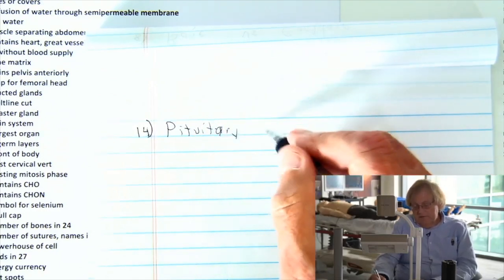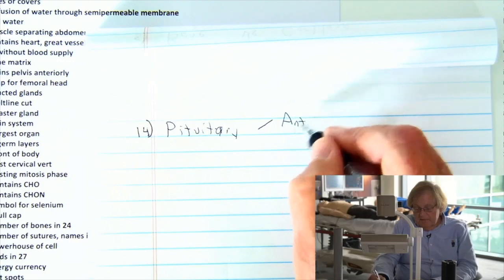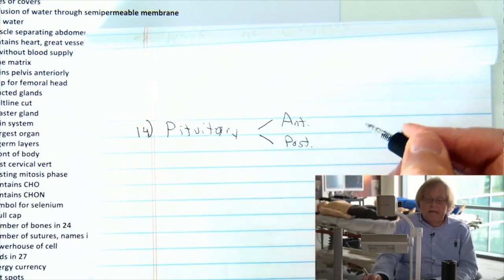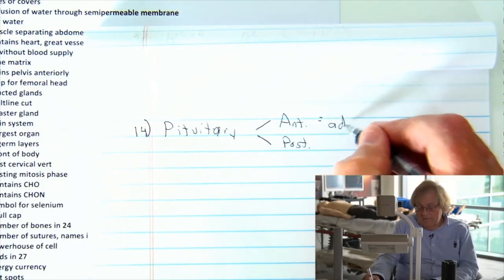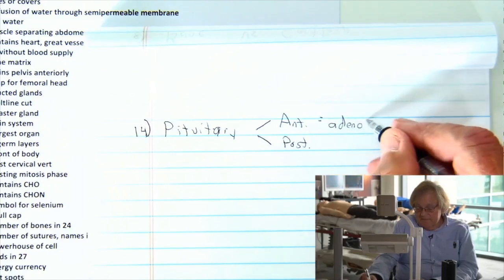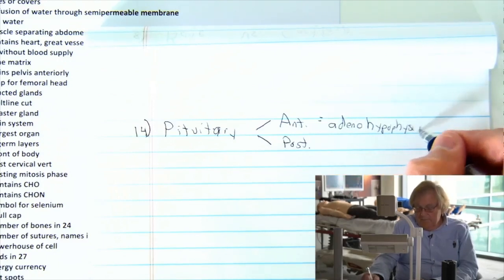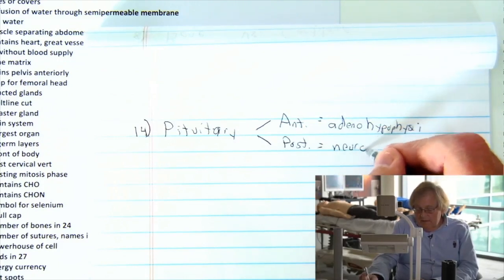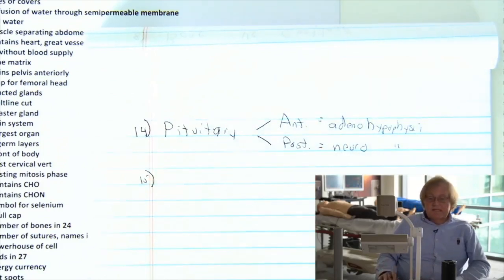Remember, the pituitary gland has an anterior pituitary and a posterior pituitary. It's that anterior pituitary that's called the adenohypophysis, or glandular hypophysis, and the posterior is going to be the neurohypophysis.